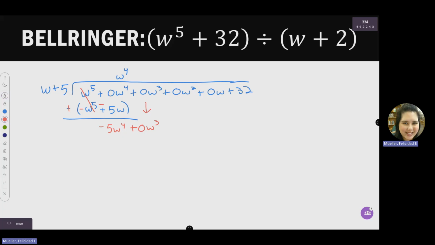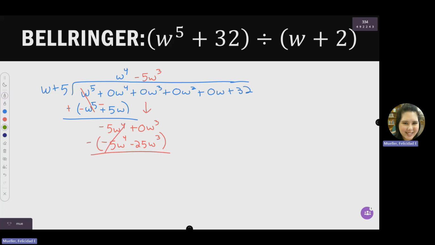And this time I'm going to need to multiply by negative 5w to the 3rd. So I'm going to get negative 5w cubed plus, minus 25w cubed. Here should be a 4, I'm sorry. When we do this, those cancel out.